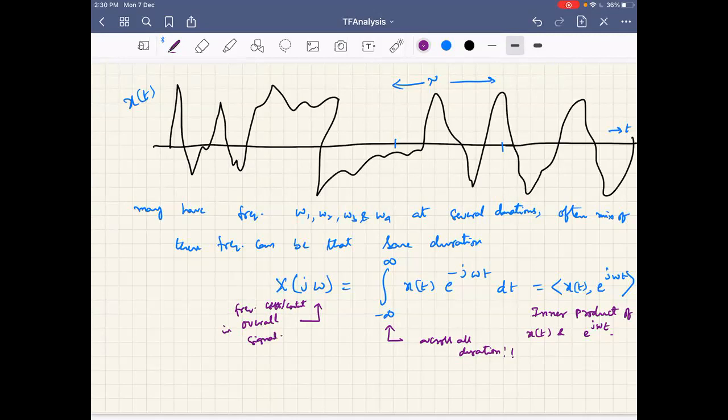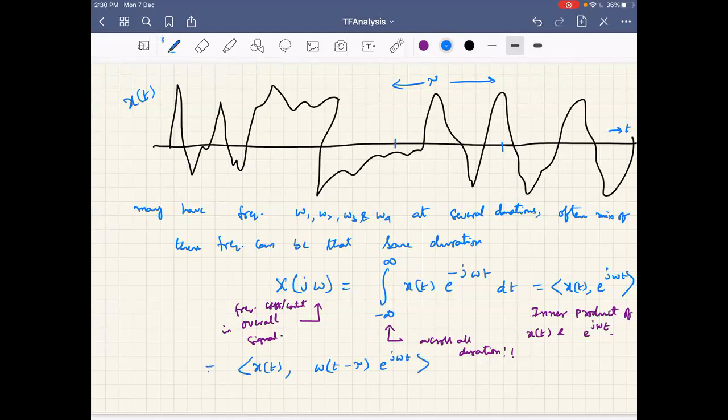Fine. So now if we wish to find the frequencies present in a particular duration, what should we do? We should find the inner product of x of t with a window at the given time, multiplied by e power j omega t.